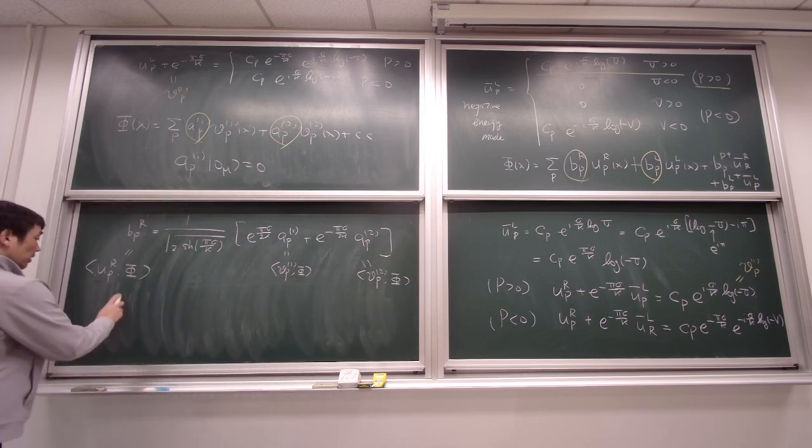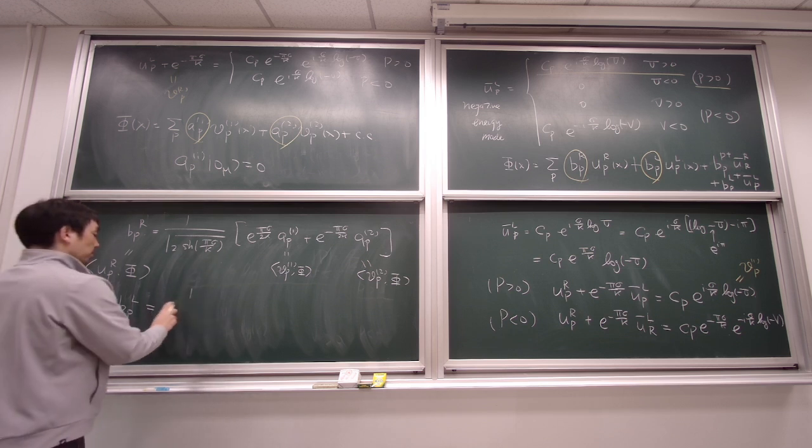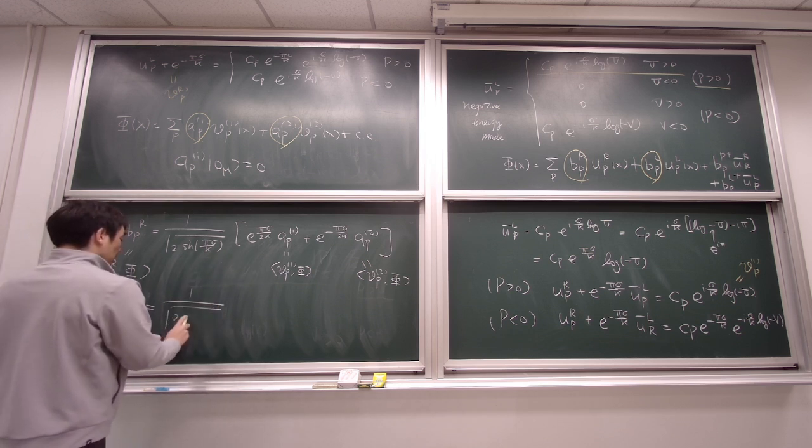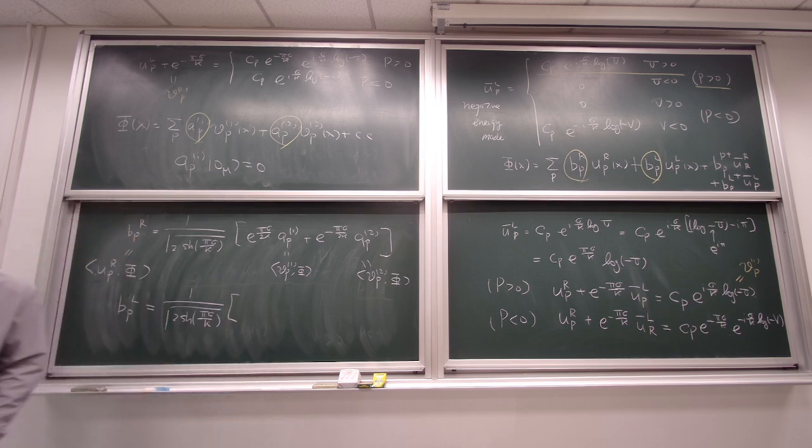Then we can do a similar thing for L, in fact. So here we just have the same 2 sinh pi sigma over kappa. Okay. And you must obtain the opposite.